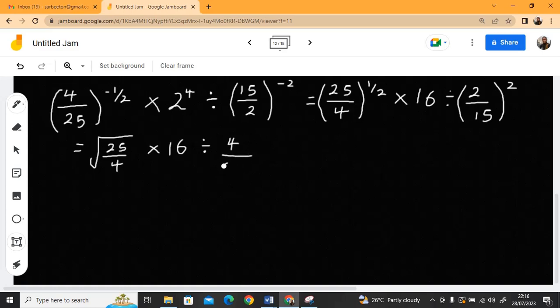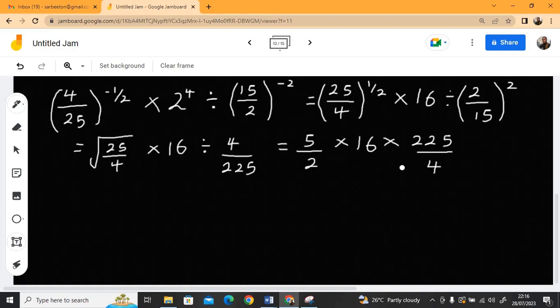Now, square root of 25 is 5, and square root of 4 is 2, times 16. In primary school, you know that division turns to times, this goes up, this comes down: 225 over 4.